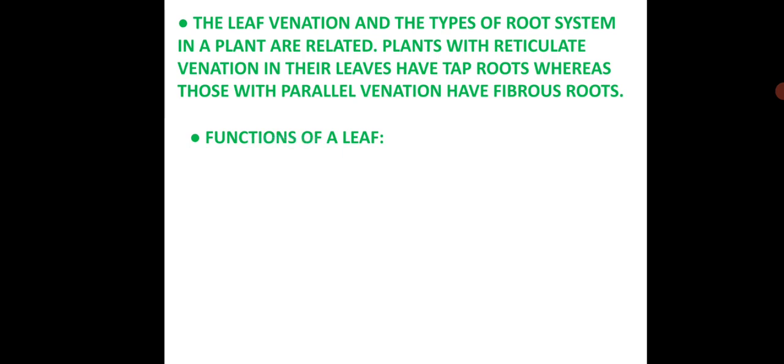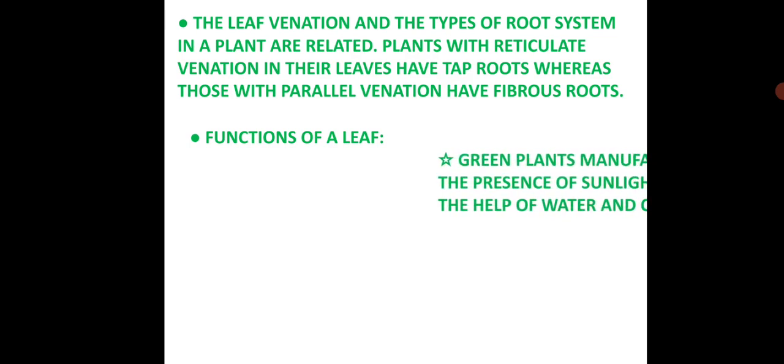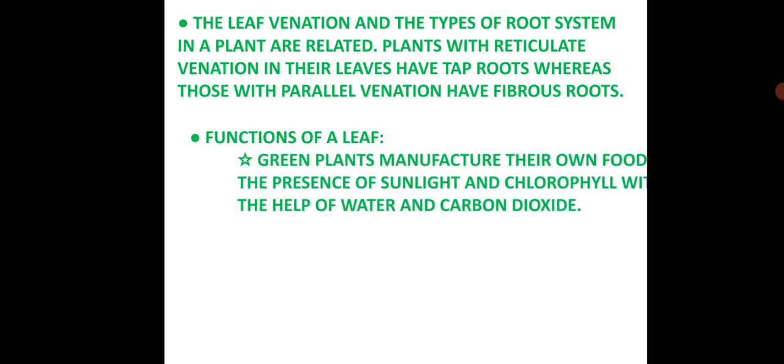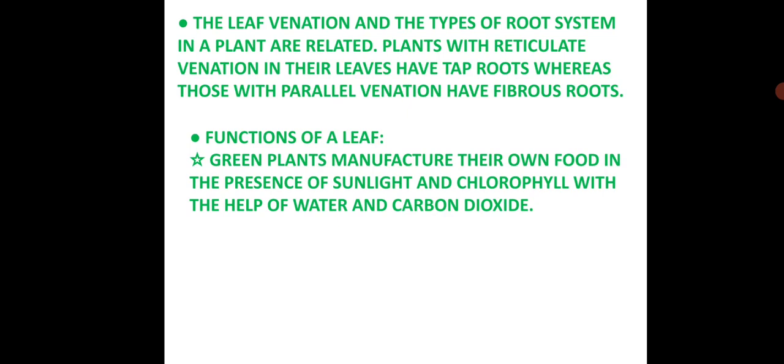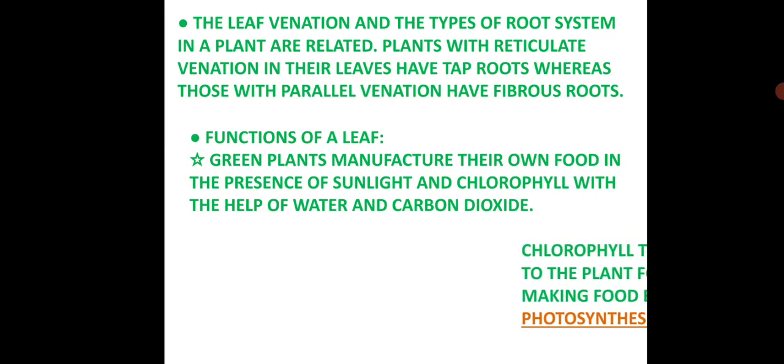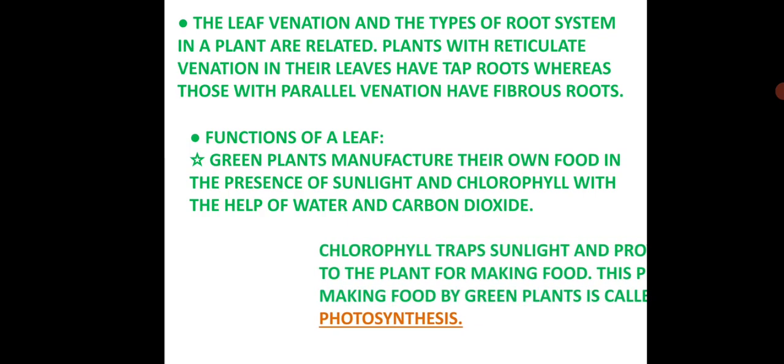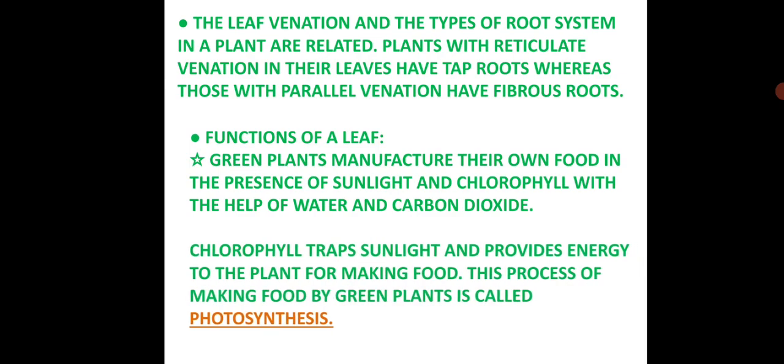Functions of a leaf. Plants prepare their food in the presence of sunlight and chlorophyll with the help of water, minerals, and carbon dioxide. Chlorophyll traps sunlight and provides energy to the plant for making food.